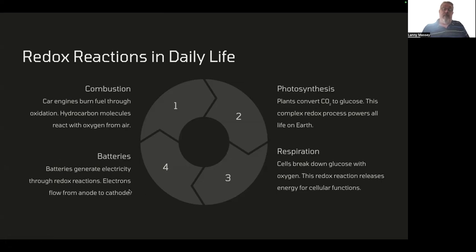Redox reactions happen in batteries as well, and that's what allows electricity to run through the wires. One side of the battery is releasing electrons that are traveling, trying to get to the other side of the battery, from the anode to the cathode.